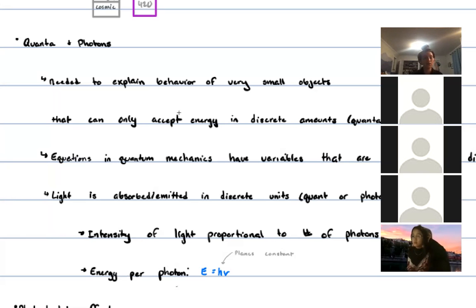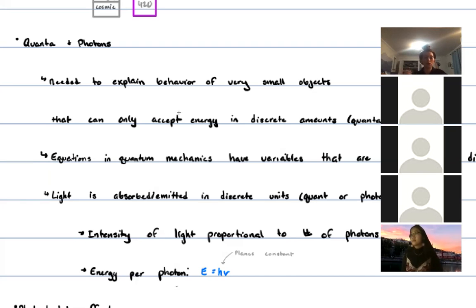Because when you look really closely, like he said in his lectures, it's all done in little quanta, little packets of energy in these discrete amounts.